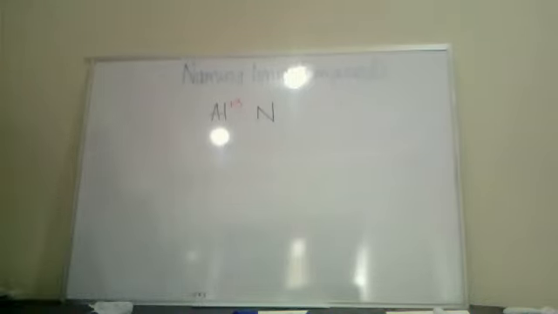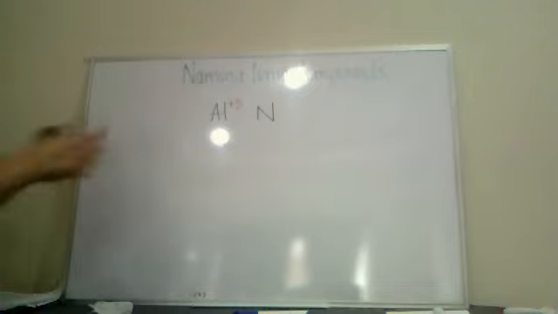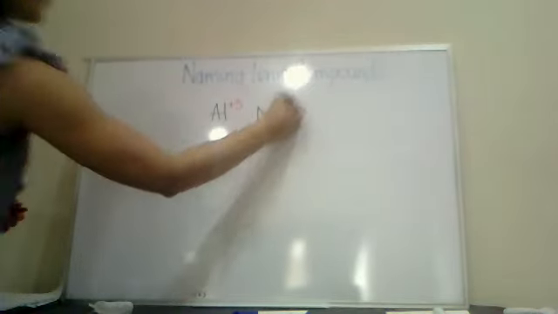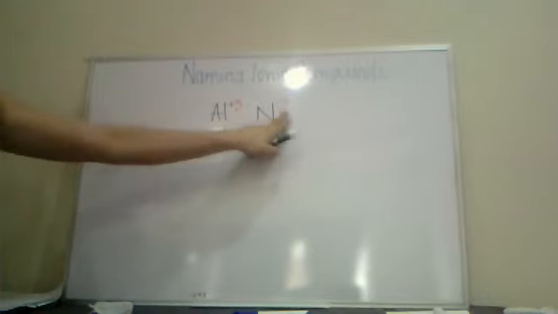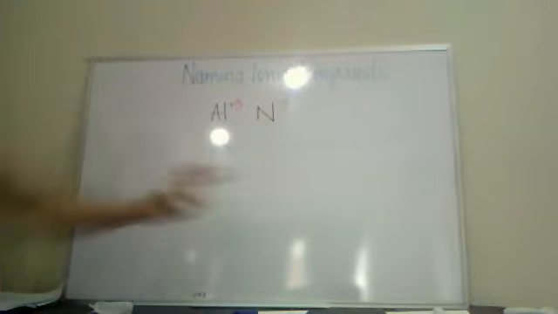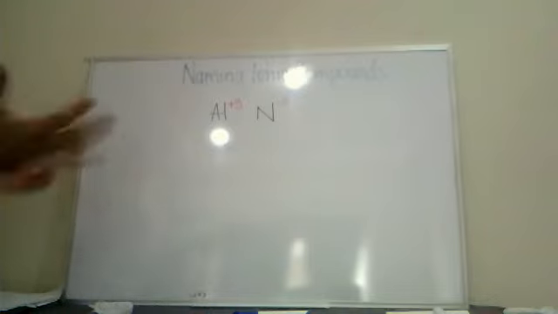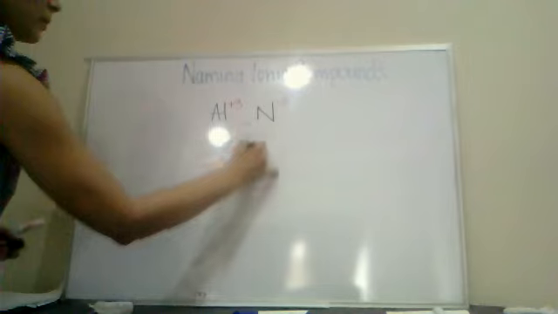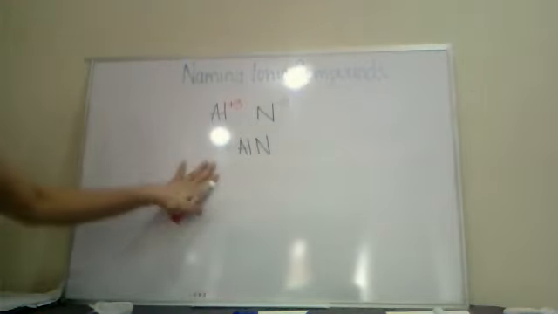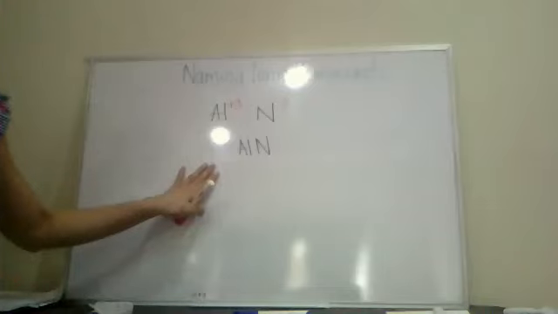All right, so -3. So this one is already done, right? Because we have a +3 minus 3 is 0. So we don't have to do anything. We just put them together. So it's aluminum and nitrogen. Is aluminum a transition metal or a regular metal?